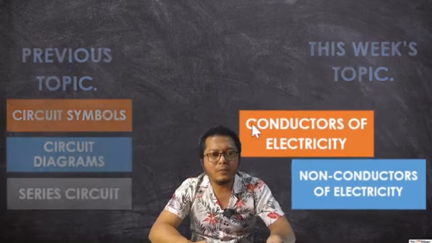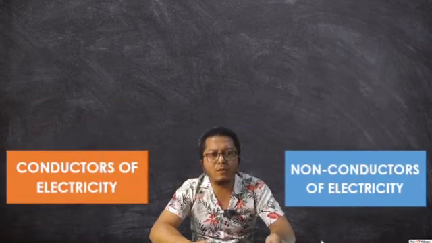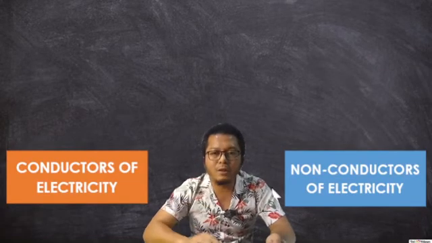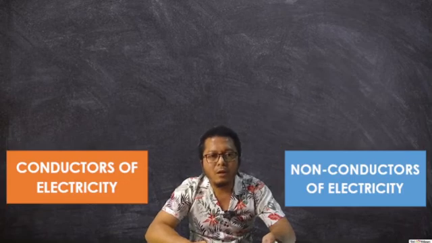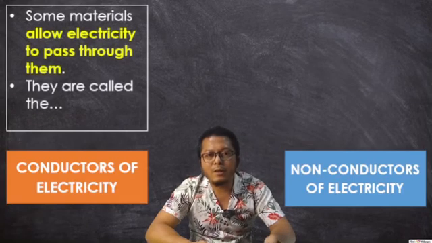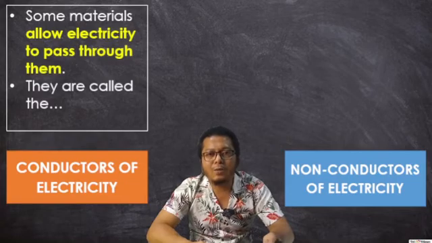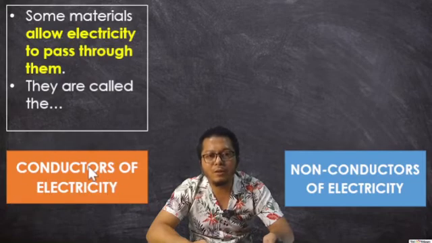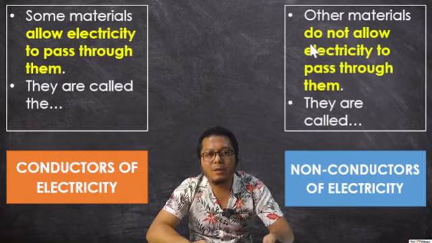Okay, now let's move on with the meaning of conductors of electricity and non-conductors of electricity. Some materials allow electricity to pass through them. They are called conductors of electricity. Other materials do not allow electricity to pass through them. They are called non-conductors of electricity.